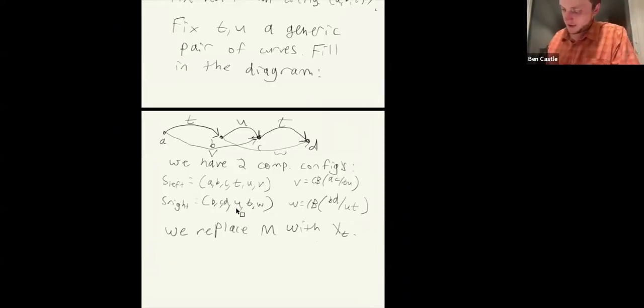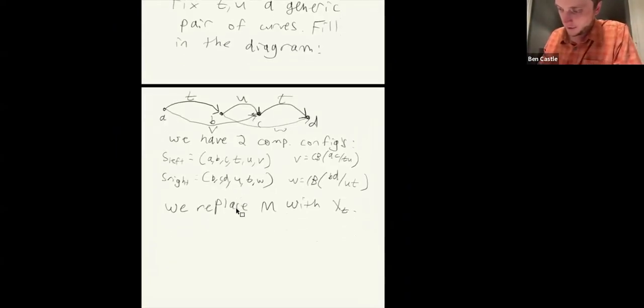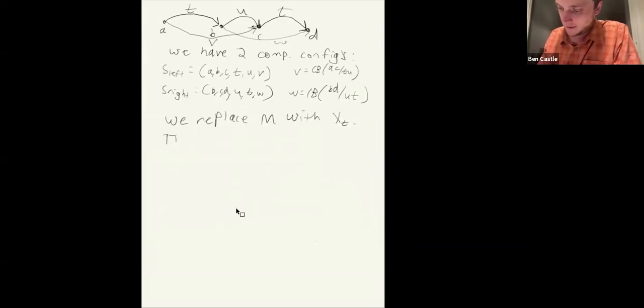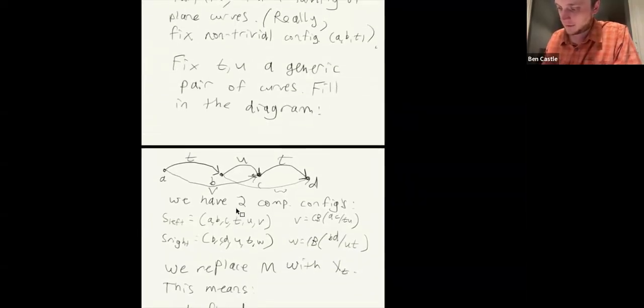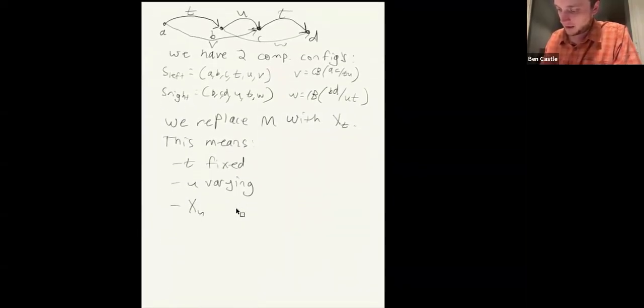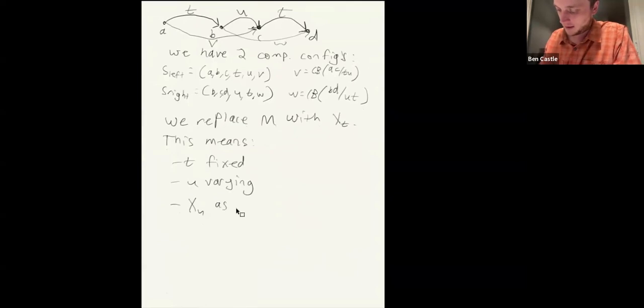In particular, this means that we're going to think of T as fixed, and we think of U as varying. And we think of XU, our U curve, as acting on XT.